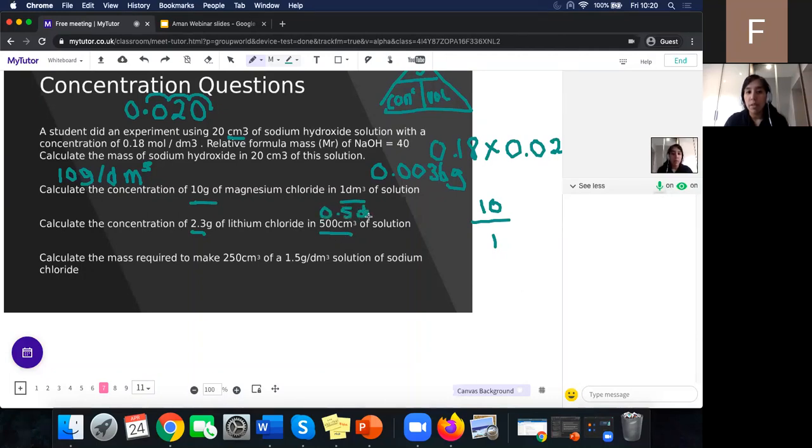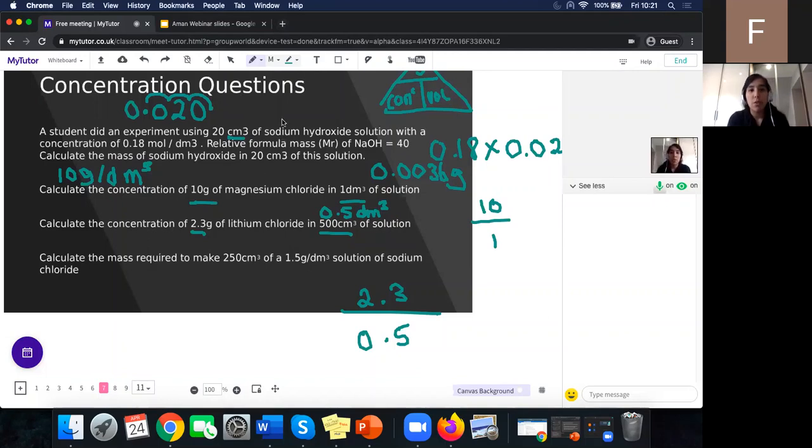That's in decimeters cubed. So that means the concentration is 2.3 divided by 0.5. That gives us an answer, as people have been saying, of 4.6. Yeah, good, well done. Not 4.006, it'll just be 4.6. Excellent, well done to the people answering those questions.